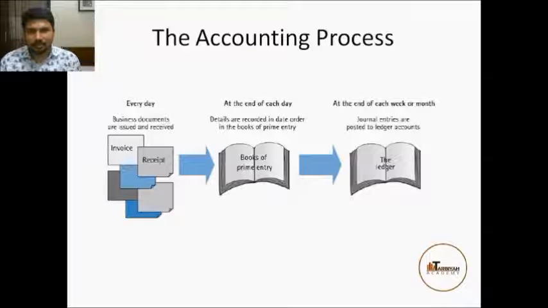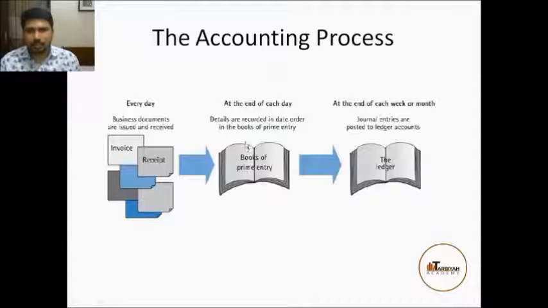Once the bookkeeper gets all these invoices and receipts, he records those in the books of prime entry, which is also known as journals or day books. So remember, these three things are the same. Some people call it books of prime entry, others call it journals, whereas others call it day books. All of them are the same thing.